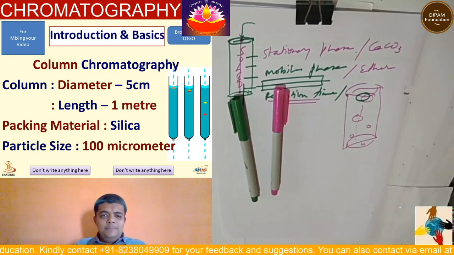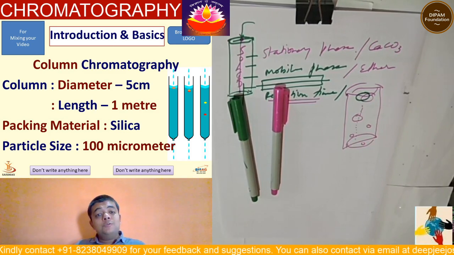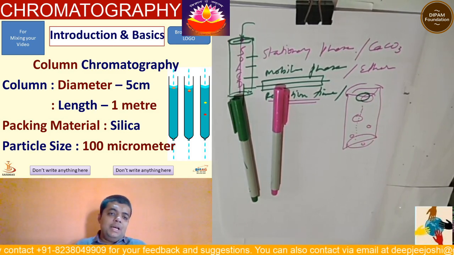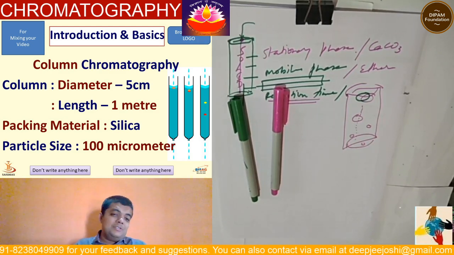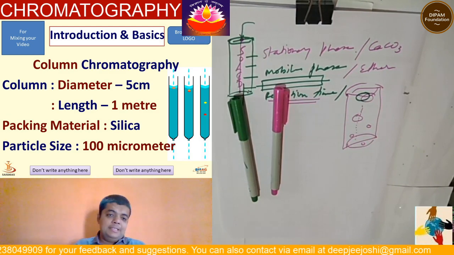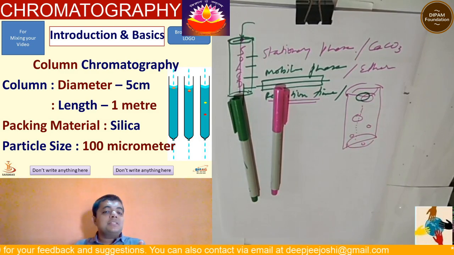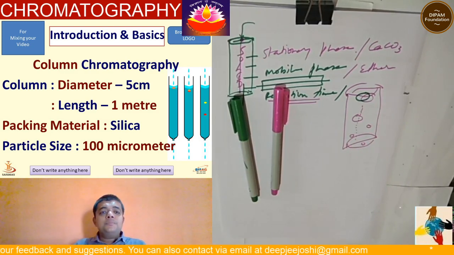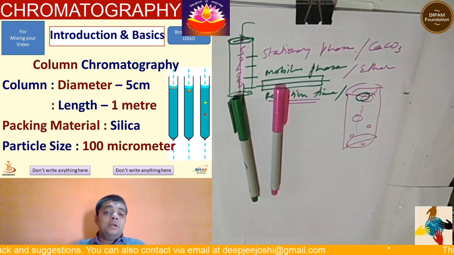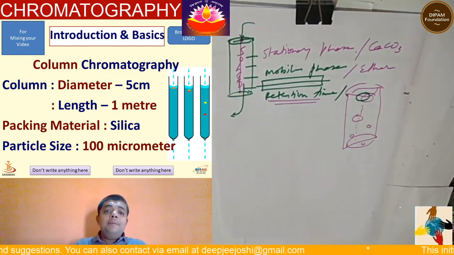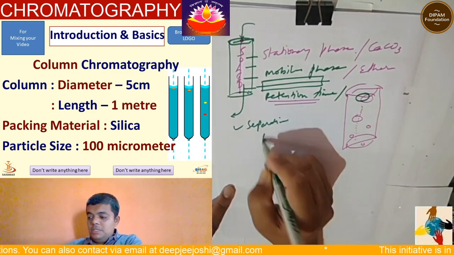So if you see column number 1, where you can see the orange color patch, it is a mixture of two components, but with the passage of time, both the components get separated a little. And with more passage of time and the constant flow of the mobile phase, that can be ether, as one of the experiments has told us, the components are separating. So this is how chromatography, if operated through an application called column chromatography, can be explained as one of the separation techniques.